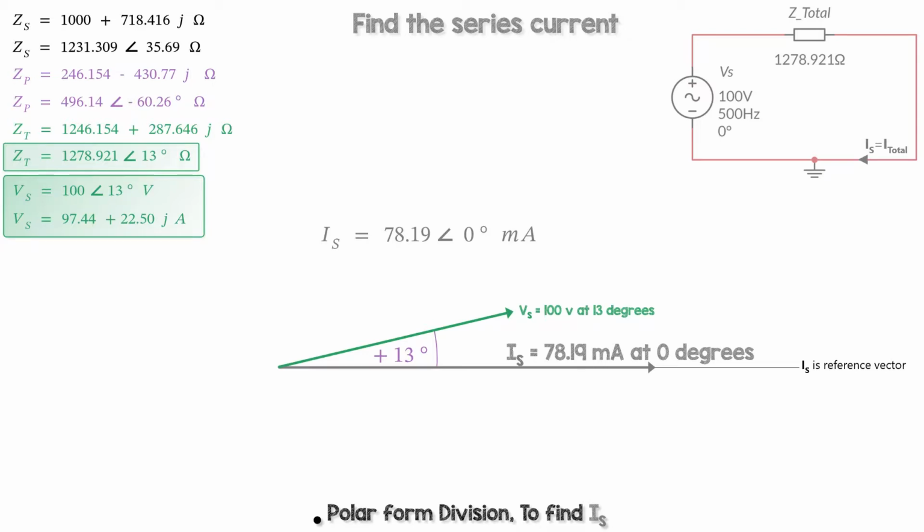So we just need to change the Vs values into rectangular form if we're going to use them. We've got the hypotenuse and the angle from the x-axis for the supply voltage.